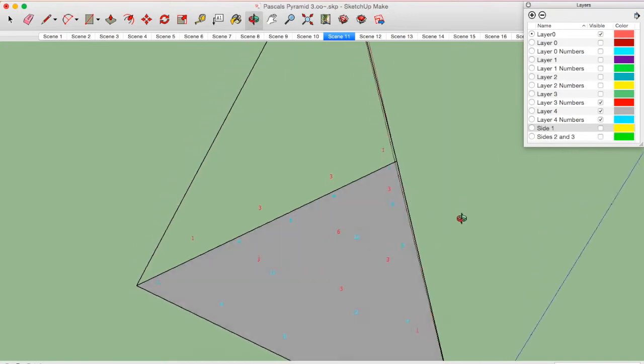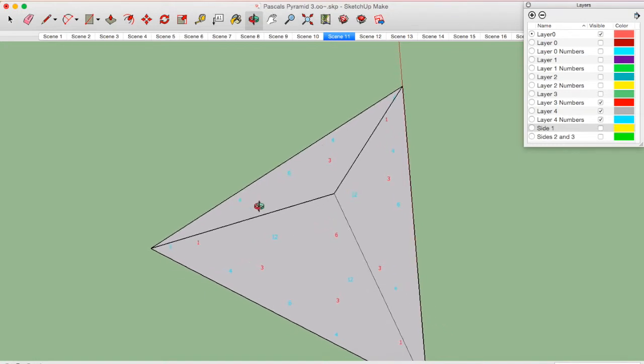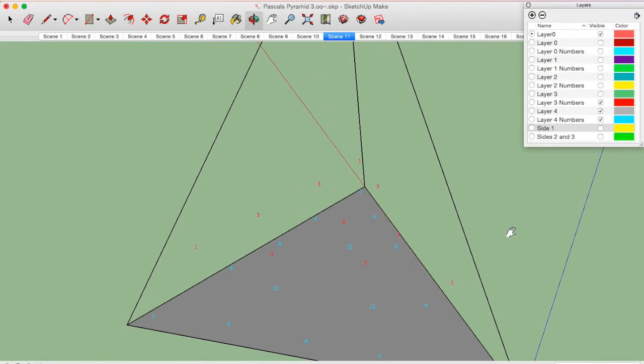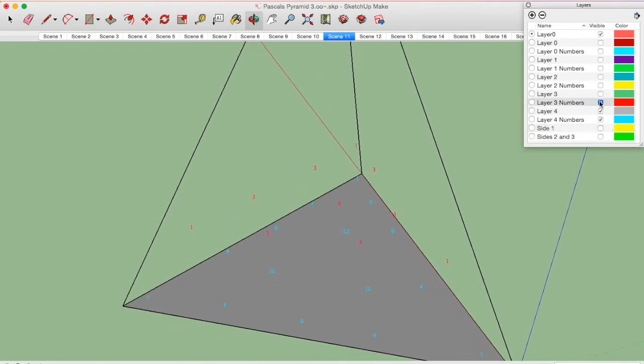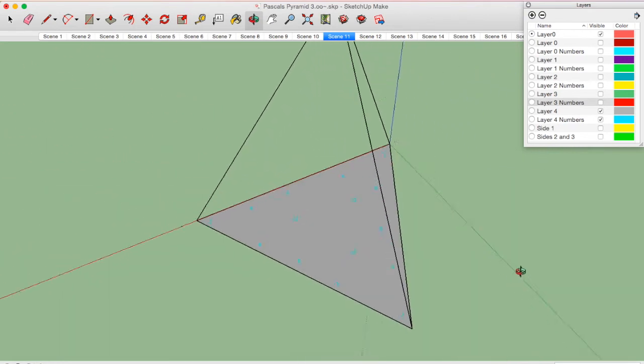And then if we go vertically again, we have 3 plus 3 plus 6 is 12, 3 plus 3 plus 6 is 12, and then 3 plus 3 plus 6 is 12. And again, these form little triangles. And this is Pascal's pyramid. And so the next layer would continue on, and it would just go on forever.